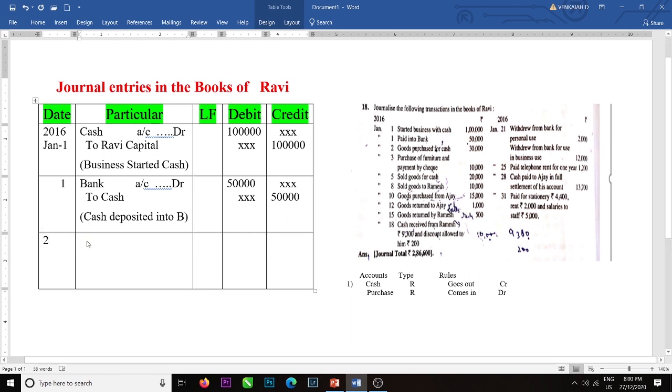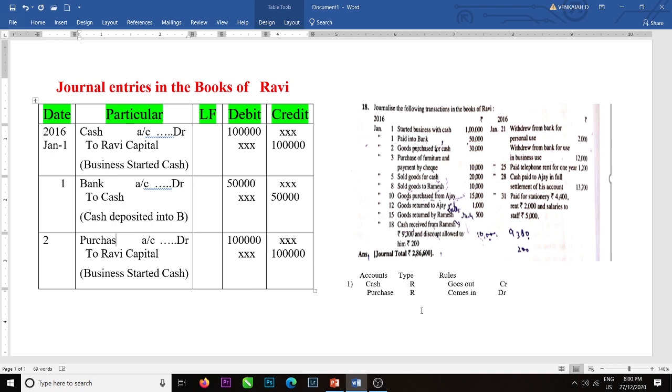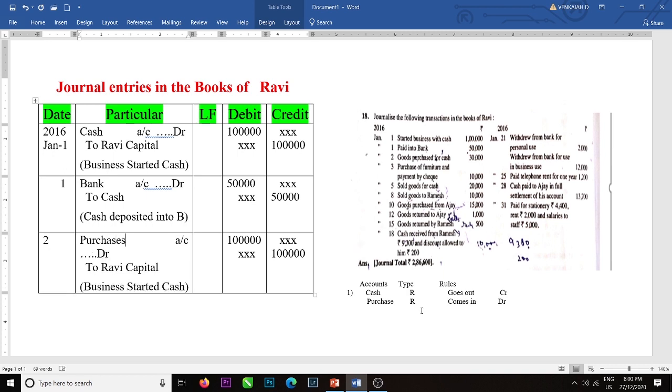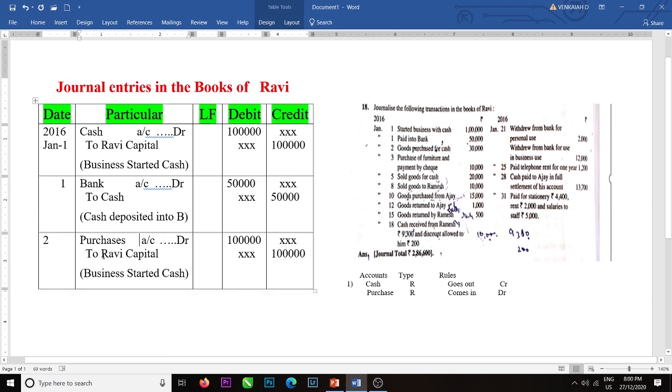Then the entry will be purchases account debit, which is to be debited according to this analysis, to cash account. Amount is 30,000. Goods purchased for cash.